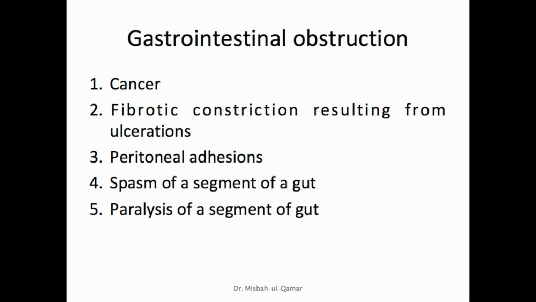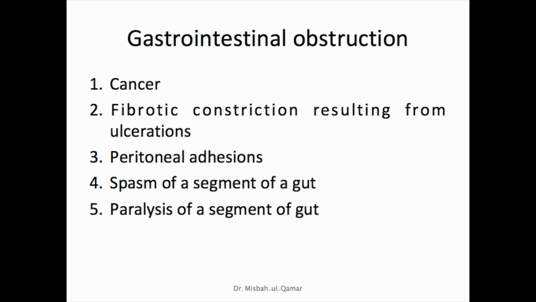Gastrointestinal obstruction can occur along any point. Here is the list for different causes of obstruction of gut. But the consequences depend on the site of obstruction, whether it is at pylorus, in small intestine, or in large intestine.